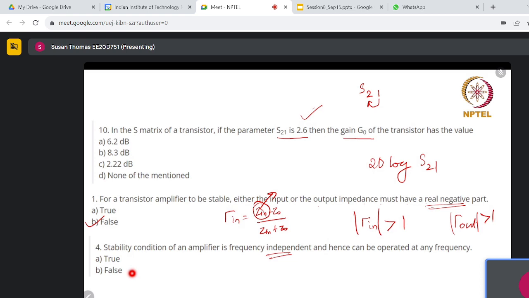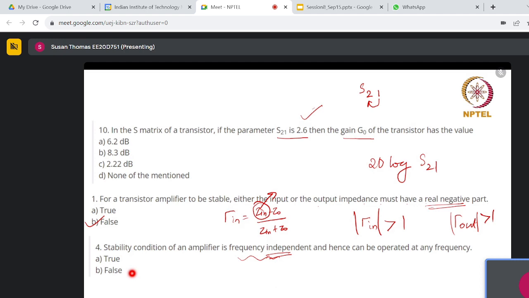So let me elaborate on this. The stability condition is going to depend on what? The input and output matching network. And that is going to depend on the frequency. So the first statement itself is frequency dependent. Because it is frequency dependent, an amplifier designed for a certain frequency will be stable at that particular frequency and unstable at other frequencies.